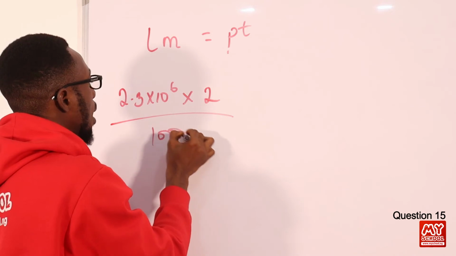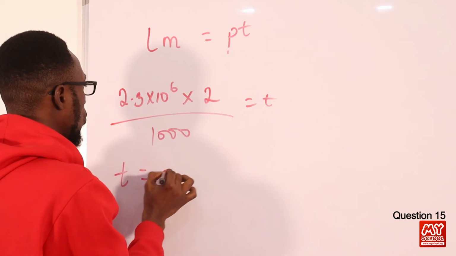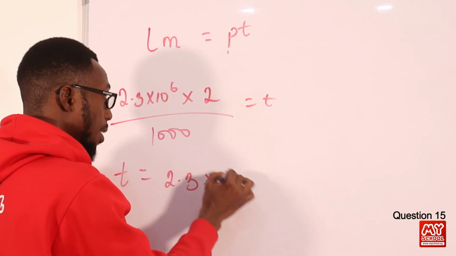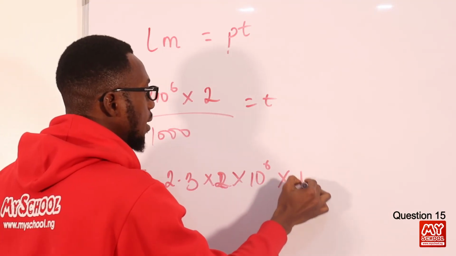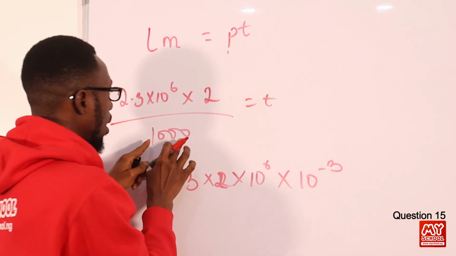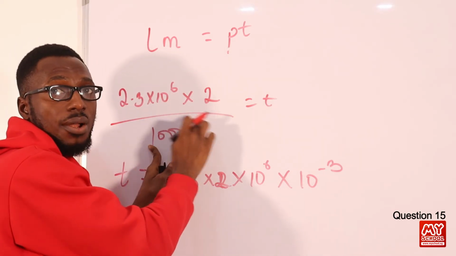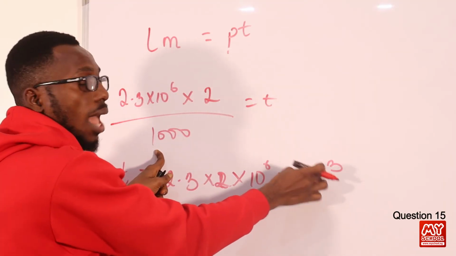So over 1000. I can rewrite this as t equals 2.3 times 2 times 10 raised to the power 6 times 10 raised to the power minus 3. Because 1000 is actually 10 raised to the power 3, but because it is in the denominator, if I'm breaking it up, the 10 raised to the power 3 will attract a minus sign.